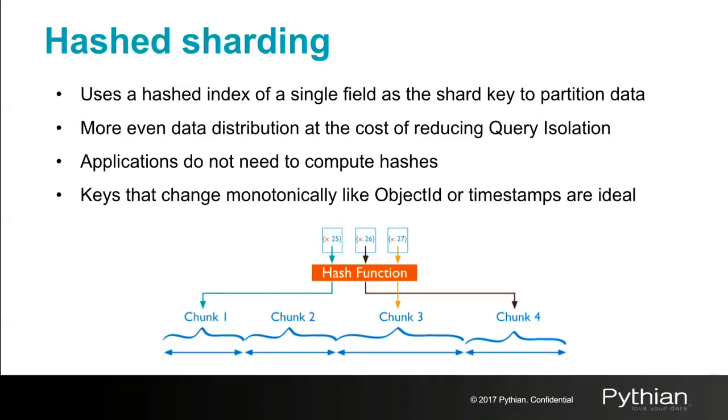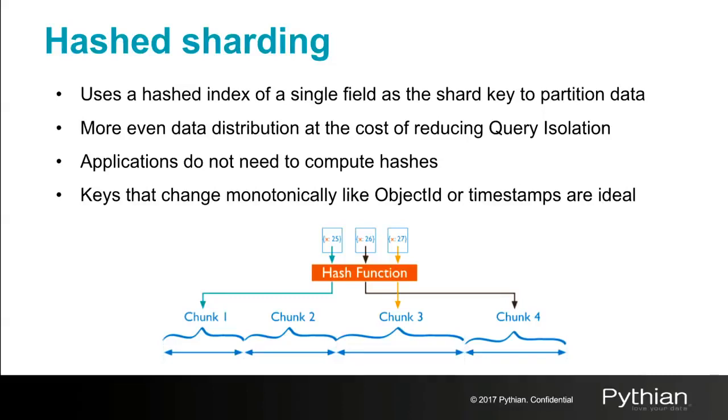In this case, keys like object ID or timestamps that monotonically increase are good candidates for a hashed key. But we should be aware that with hash-based sharding, probably the find operations that we run will have to be sent to multiple shards to find our documents.